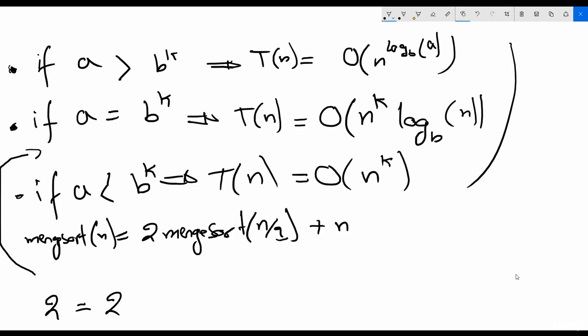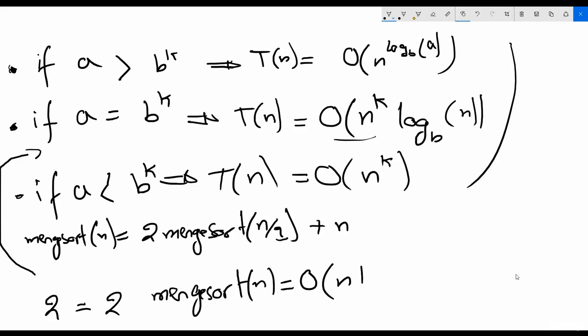Okay? So the complexity of our function would be order n to the k times log b of n. So let's write that. The complexity of our merge sort algorithm equals order n to the power of k, k equals 1, so that's n to the power of 1, times log of b, that's base 2, so log 2 of n.